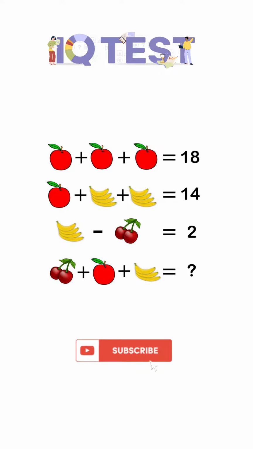I am getting 11. The banana, if you look at the second equation, the apple plus 4 banana is equal to 14. So if 1 banana is 1 each, then the bundle over there is 8 plus the apple, which is 6, that is equal to 14. So it means 1 banana is 1.